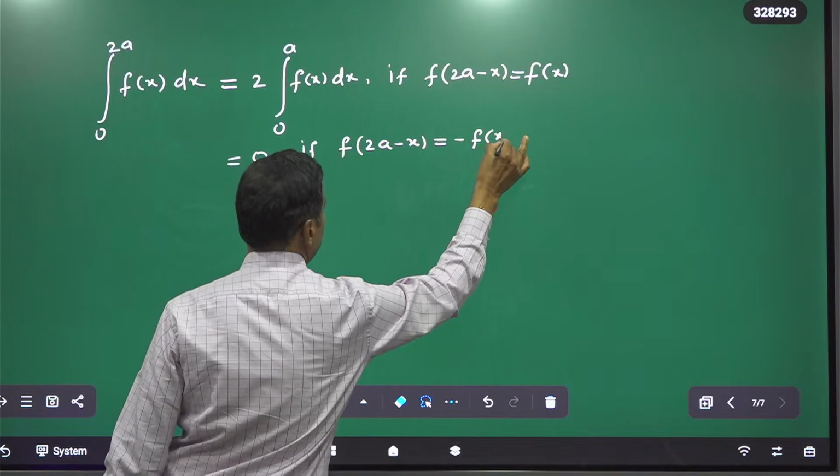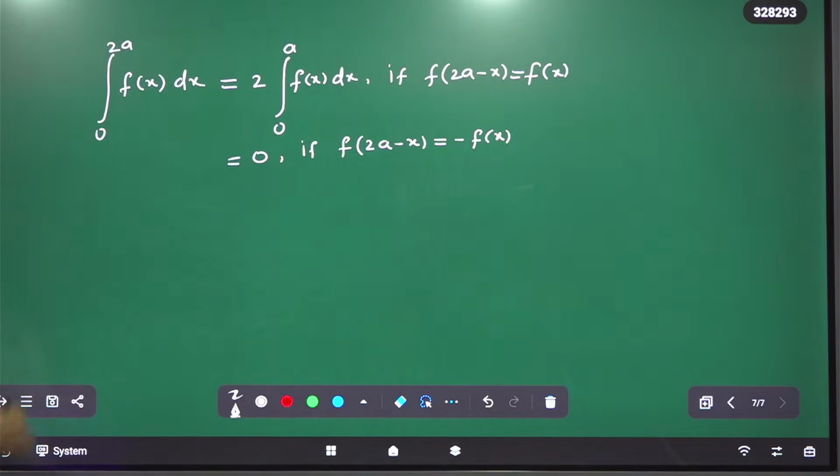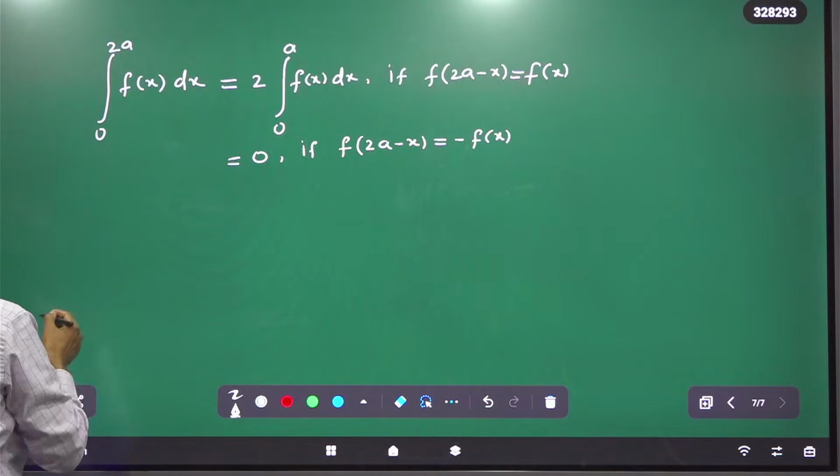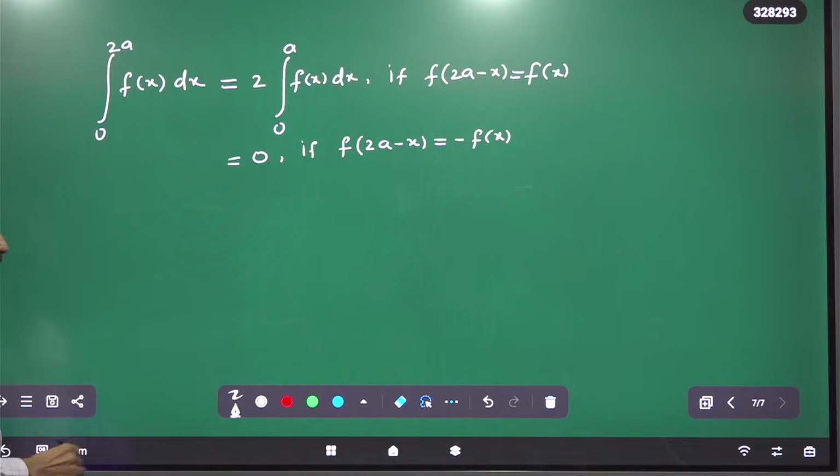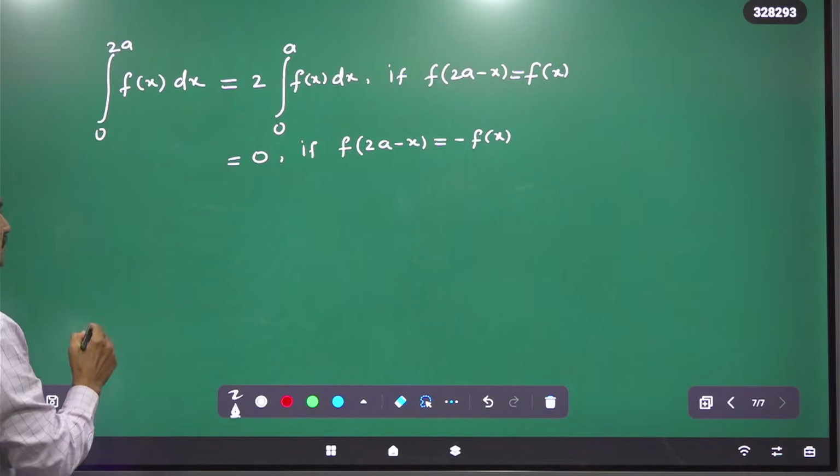Okay, now we will see this property. This is also one of the important properties here.